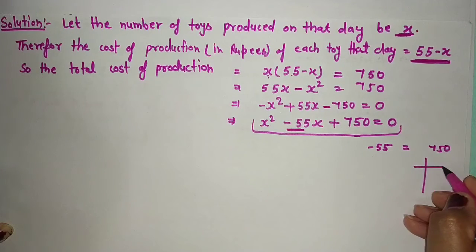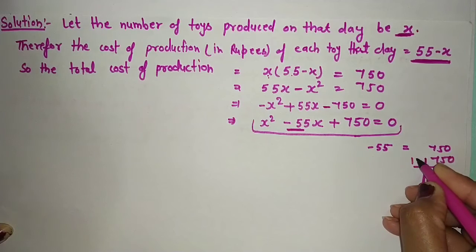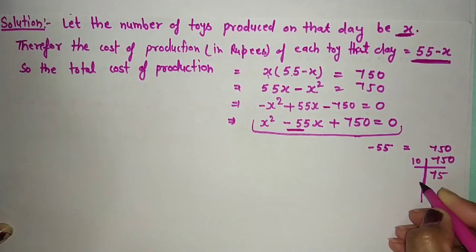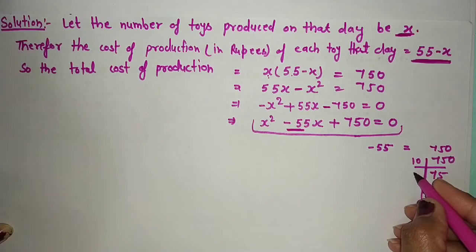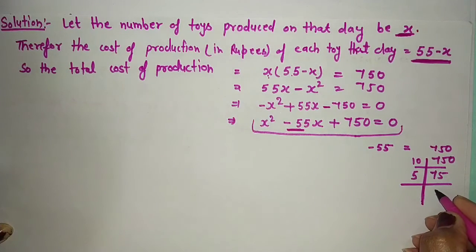Now we find the factors of 750. By dividing by 10 we get 75. By dividing by 5 we get 15.